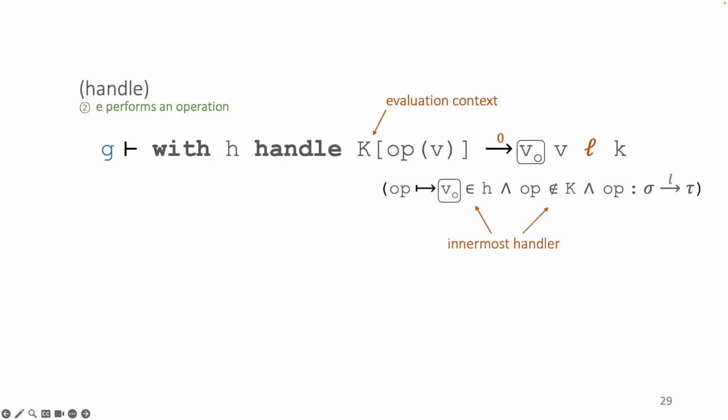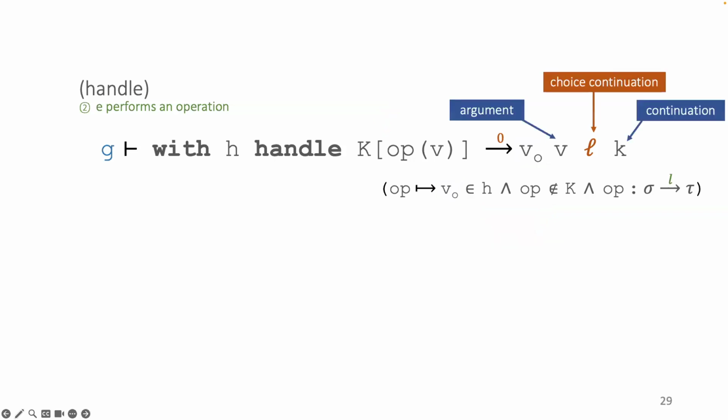And there are side conditions that make sure that we use the innermost corresponding handler for this operation, because you might have multiple handlers for this operation, right? And we want to use the innermost one. And once we have found the innermost handler for this operation, we just get the operation clause, in this case VO, and we apply VO to three arguments. V is the argument we provide to the operation, and L is the choice continuation, and K is the continuation.